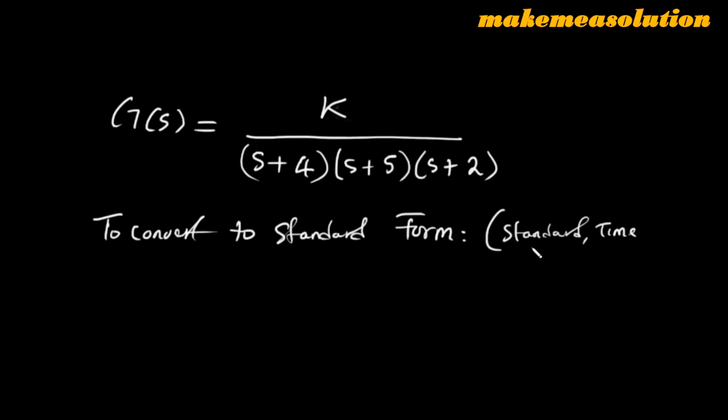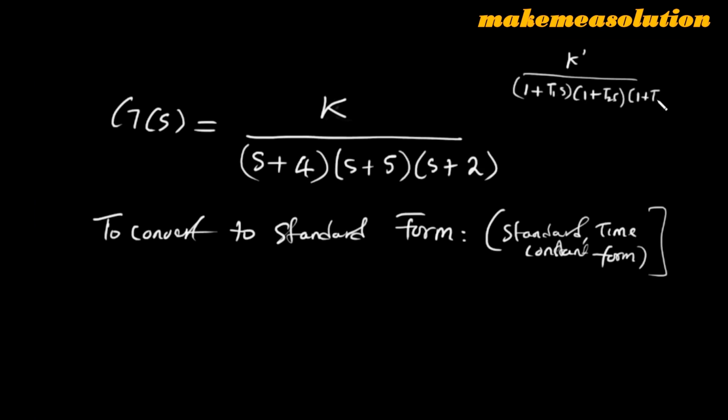So the standard time constant equivalent of this system is going to be something like some k prime all over (1 plus T1 s)(1 plus T2 s)(1 plus T3 s).